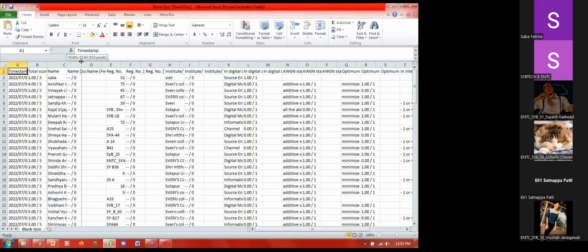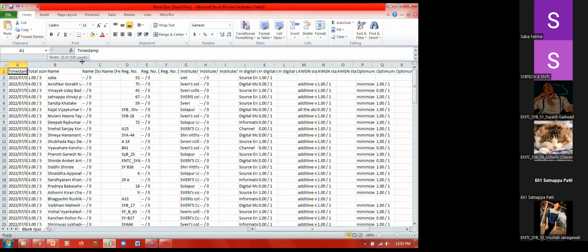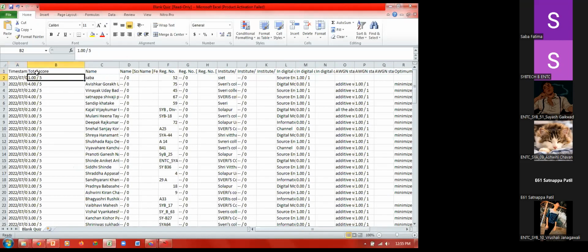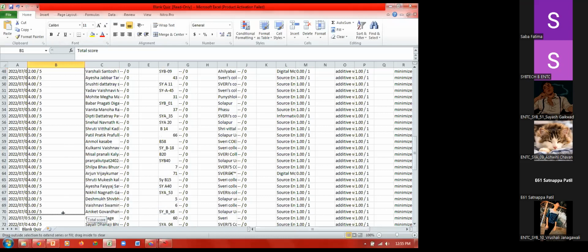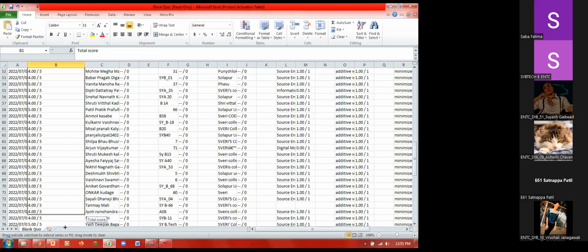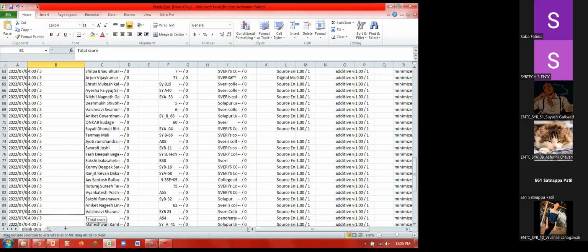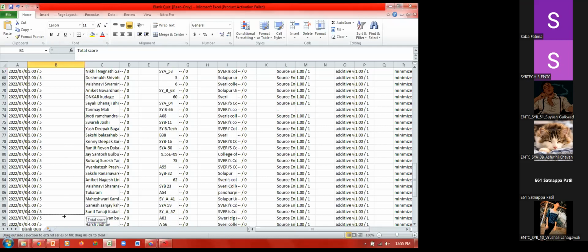Here you can see the score in this particular block. Patil Pratik has answered fully. Vanita has scored full marks. Omkar, Yash, and then Ganesh.